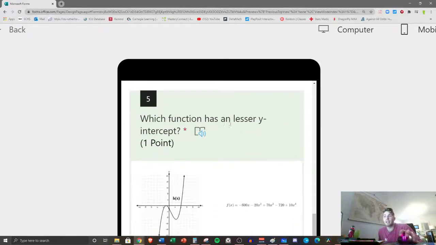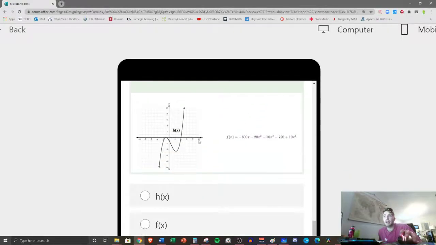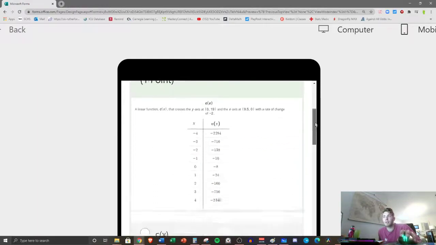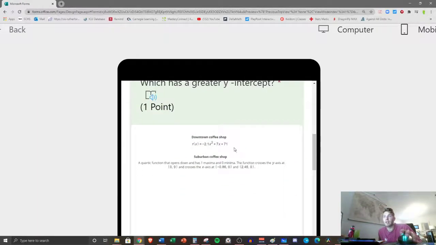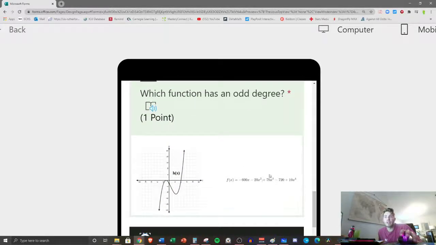All right, which one has a lesser y-intercept? This is the exact same question, but how do we find the y-intercept? You remember from the first one, how it was just like this last number? That's not going to be the case here, okay? Because this last number, that's definitely not the y-intercept. That has a power. So really the rule is this.